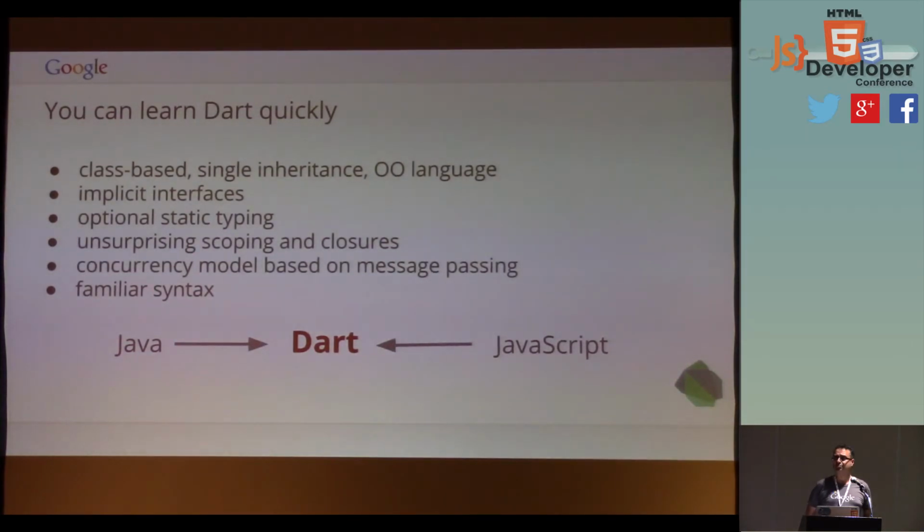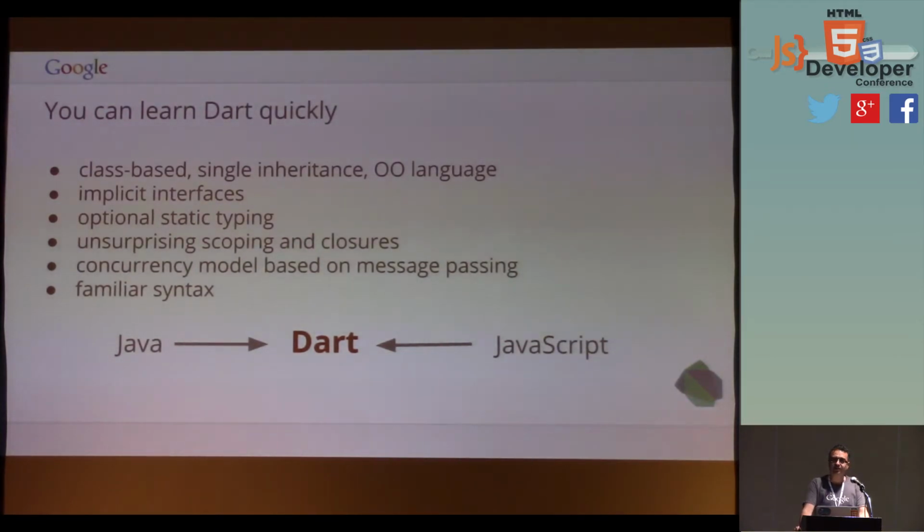Dart is a very unsurprising language. It has unsurprising scoping rules, and it has closures that work kind of normally. It has a concurrency model that's similar to Erlang's. It's based on message passing. And I think, most importantly, Dart is not designed to be a flashy language. It's designed to be a familiar language.